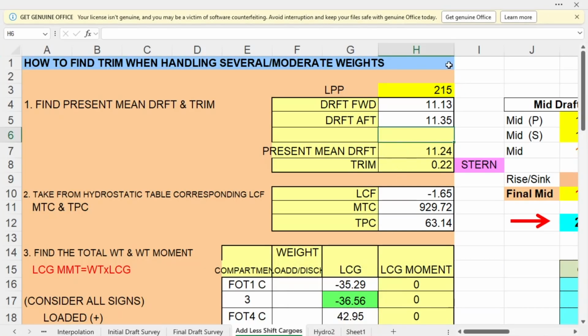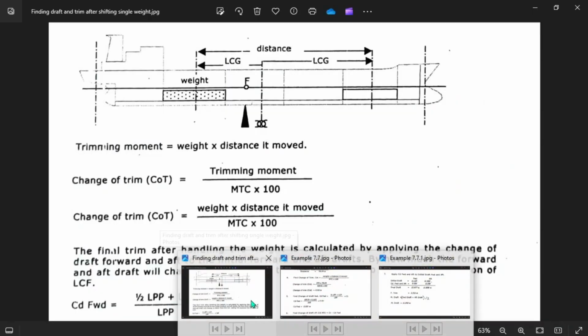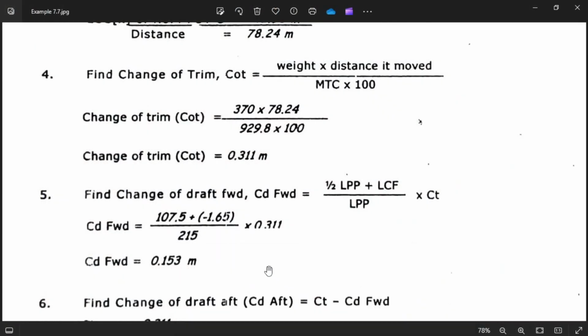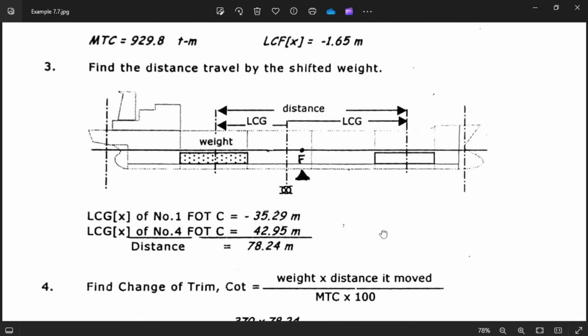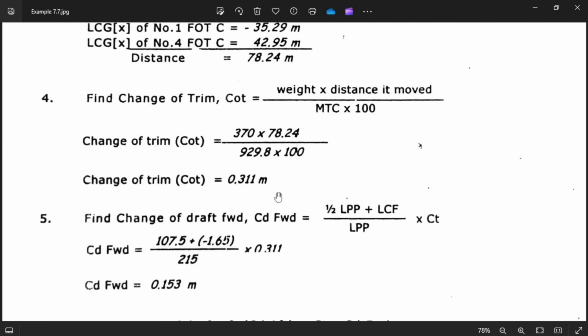The LPP of this vessel is 215. So one half of 215 is 107.5 plus your LCF of negative 165, over your LPP, which is 215, times change of trim.